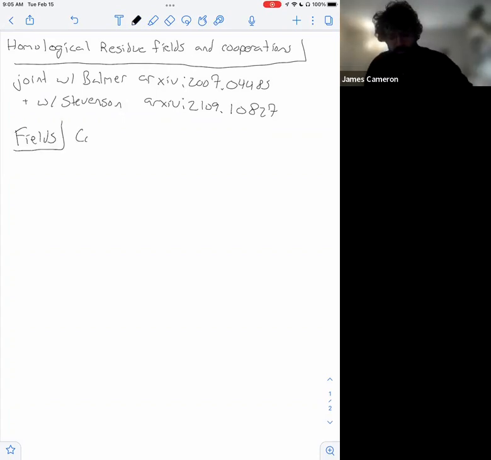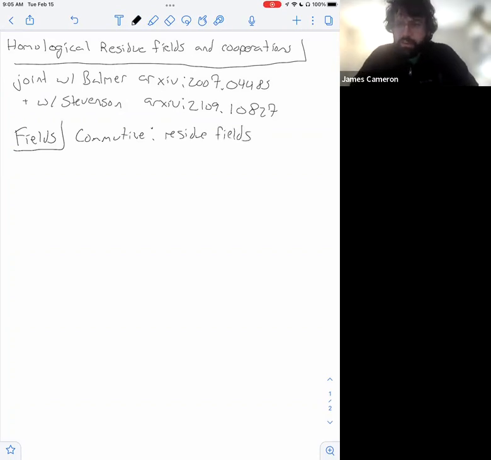So of course, in commutative algebra, we have residue fields. And if I'm working in the derived category of a ring, I can understand, let's say, the thick subcategories of the compact part by studying a support theory built out of just the regular old residue fields.